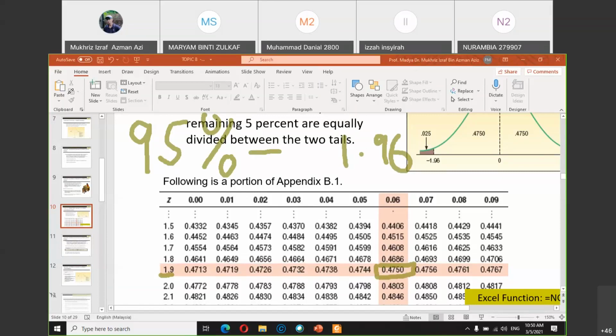This is basically like a reverse process. In the previous two topics, you calculated the probability value. From X you convert into Z, and once you get the Z, you determine the probability value, whether it is more than, less than, or in between two values.